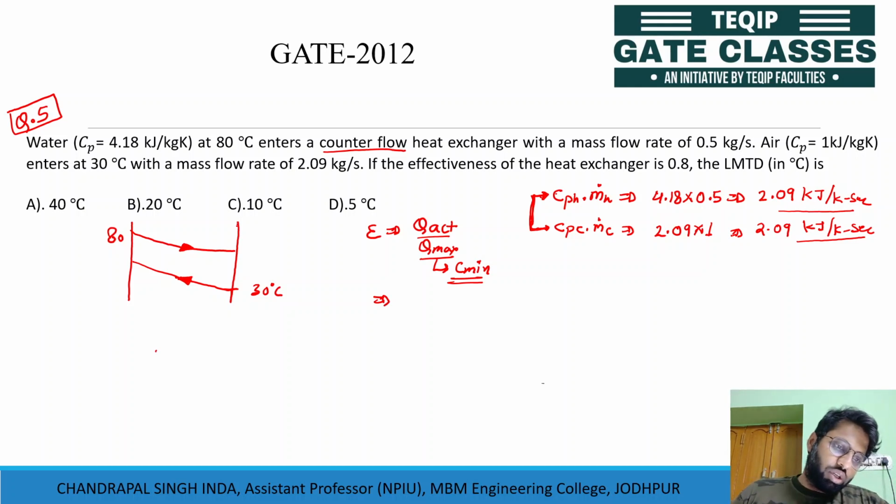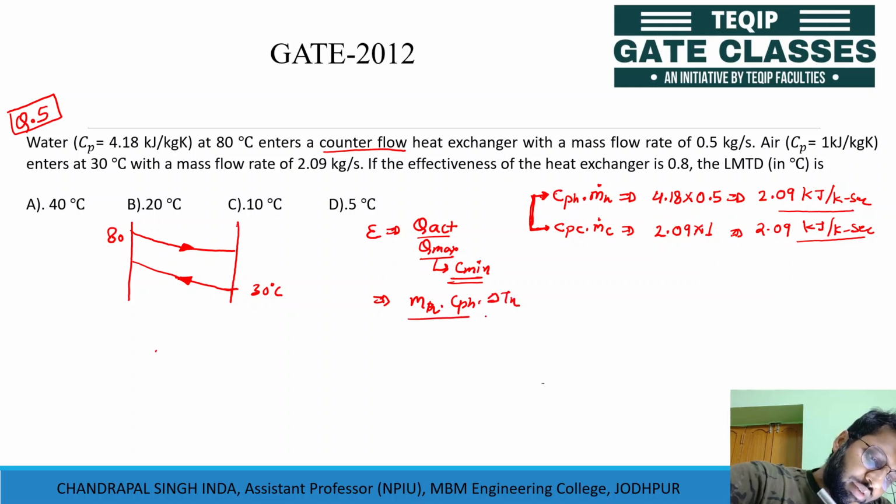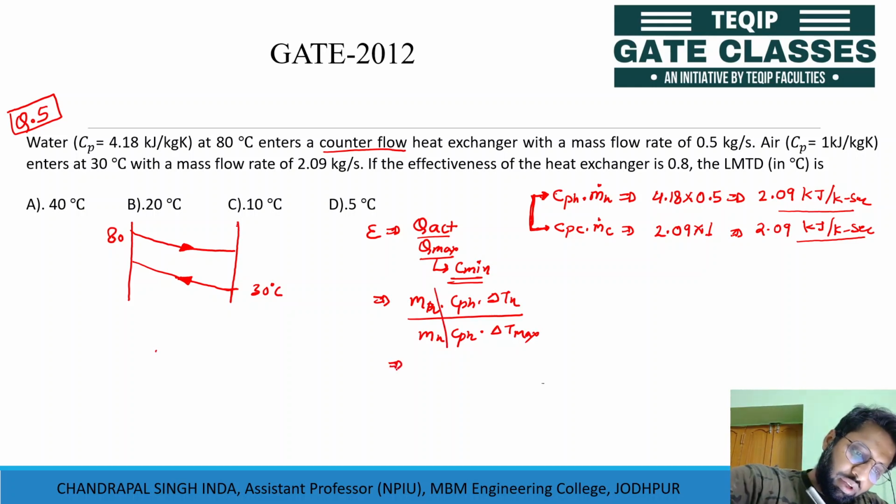So let's find the temperature for the exit of the hot fluid. The mass flow rate of hot fluid multiplied by Cph and delta T h, divided by the mass flow rate of hot fluid multiplied by Cph and delta T max, so these terms are going to be cancelled out, and then we will have the temperature difference of the hot fluid, T hot inlet minus T hot outlet, divided by delta T max.